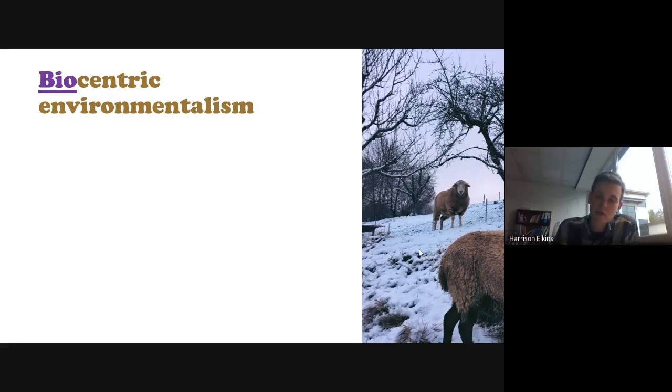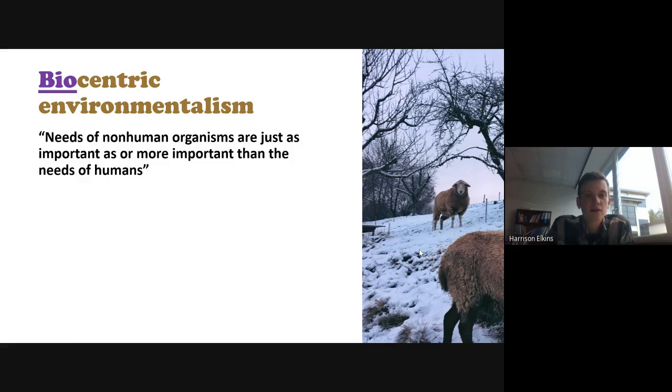Biocentric. All right, so here we're looking more at what's centered on biology, the living things around us: animals, plants, fungi. Here the needs of non-human organisms are just as important or even more important than the needs of humans.